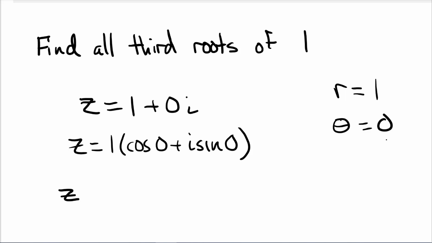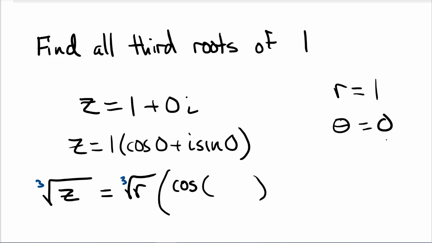We say the third root of z is equal to the radius, just raised to that power, rooted, and then it goes cosine of the angle.